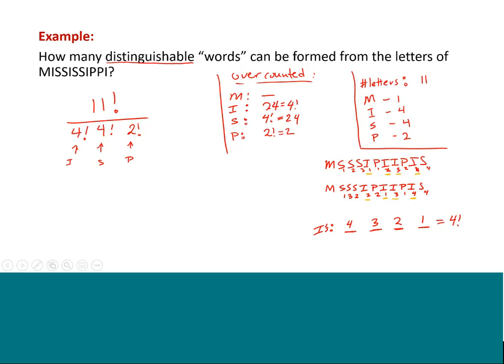If you wanted to deal with the M, you totally could, but that would be 1 factorial, and 1 factorial equals 1, so whether you put that in or not, it doesn't matter. So the final answer, if you actually calculate it, and I'll just give you the integer answer, turns out to be 34,650, which is a whole lot smaller than 11 factorial.